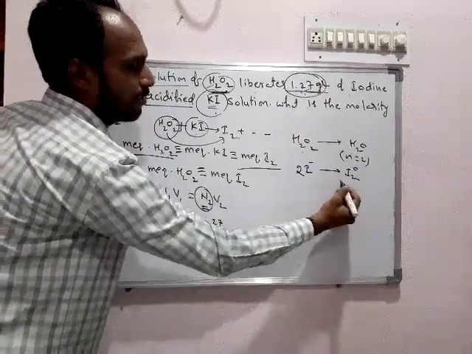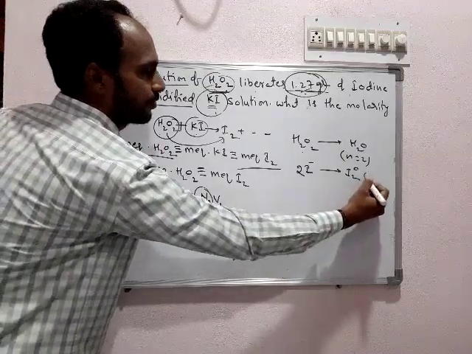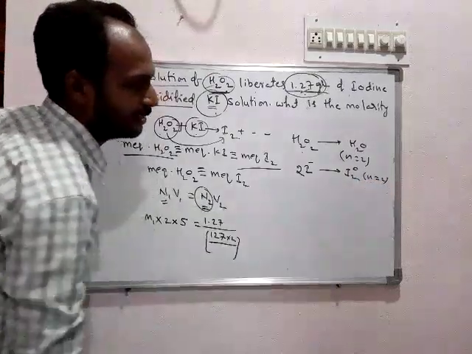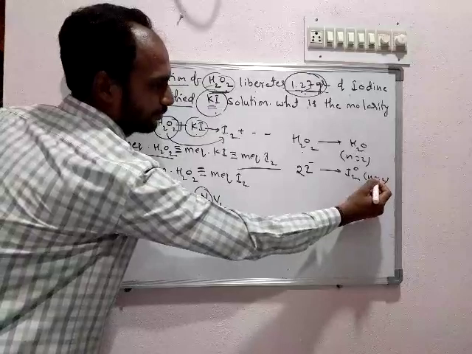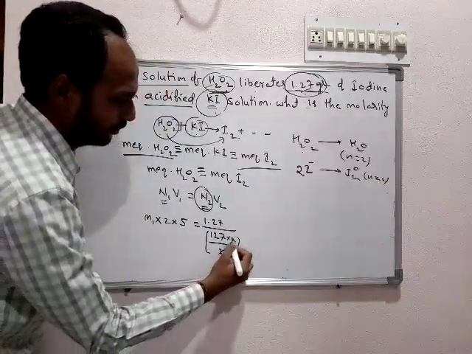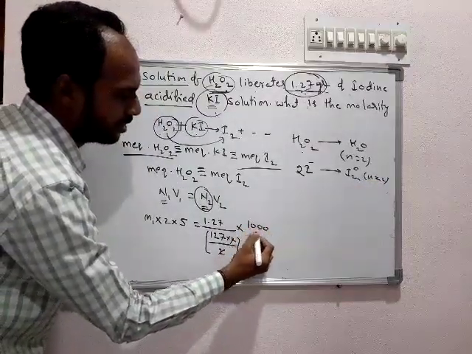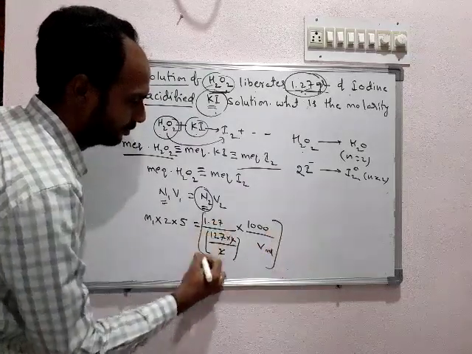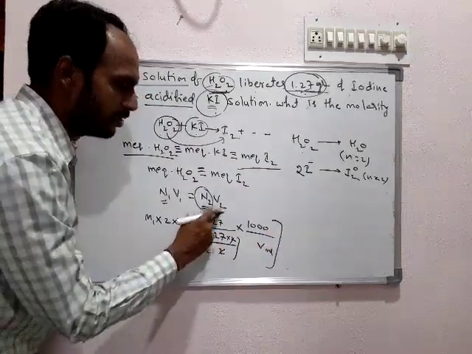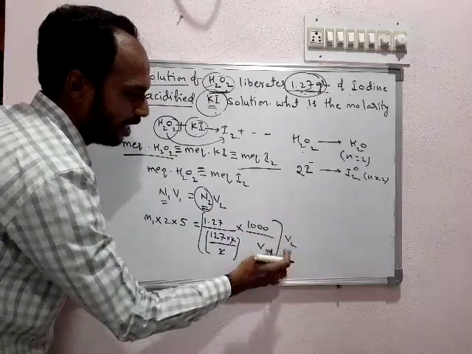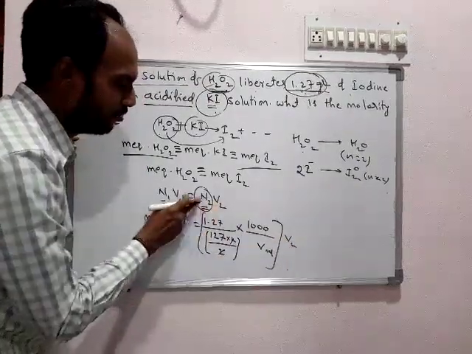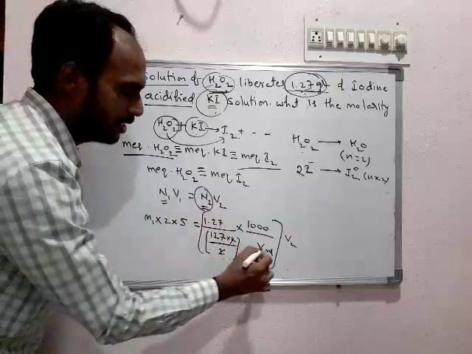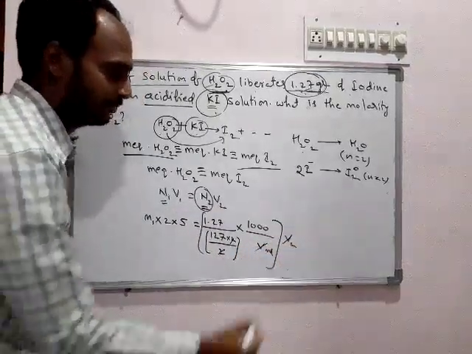So here also N factor is 2. So 2 into 1000 by volume in milliliters. This is normality. So this is V2. V2 is nothing but the volume of this iodine, so it will get cancelled here.